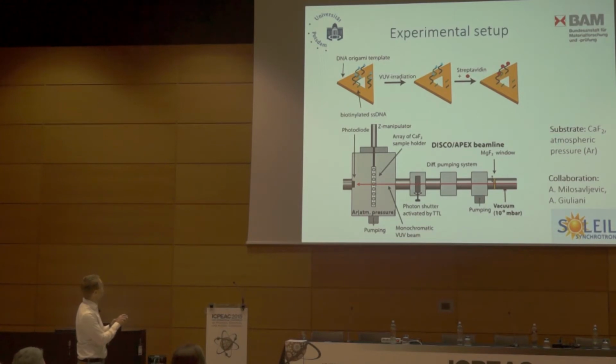We just used photon radiation, and we used here the photon irradiation from the synchrotron Soleil in France in collaboration with Alexander Milosavljevic and Alexandre Giuliani. We used the DISCO beamline of Soleil and deposited these structures on calcium fluoride windows and irradiated these with photons of defined energy and dosage.